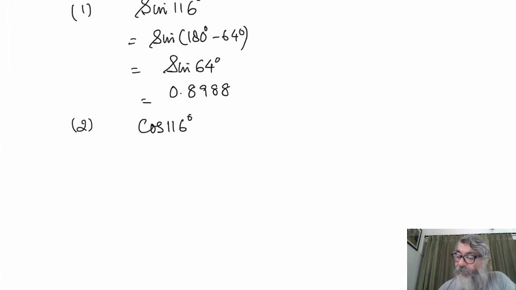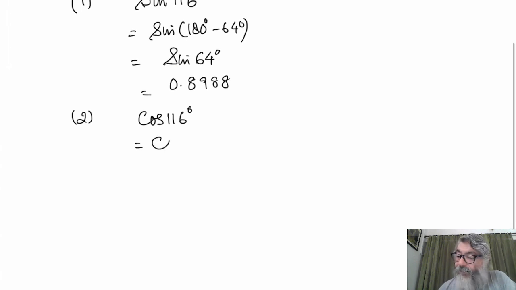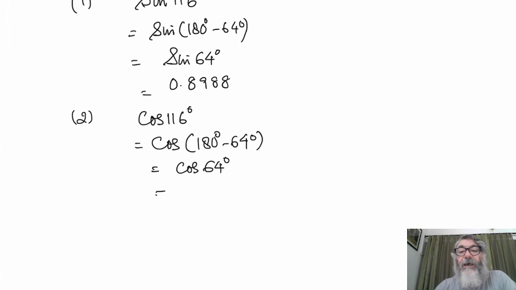Now, cos 116 means cos of 180 minus 64. Again, it will be cos 64 degrees, and it will be minus cos 64, because in the second quadrant cos is negative. The value of cos 64, which you can see from the log table, or you can use your calculator also, is 0.4384.